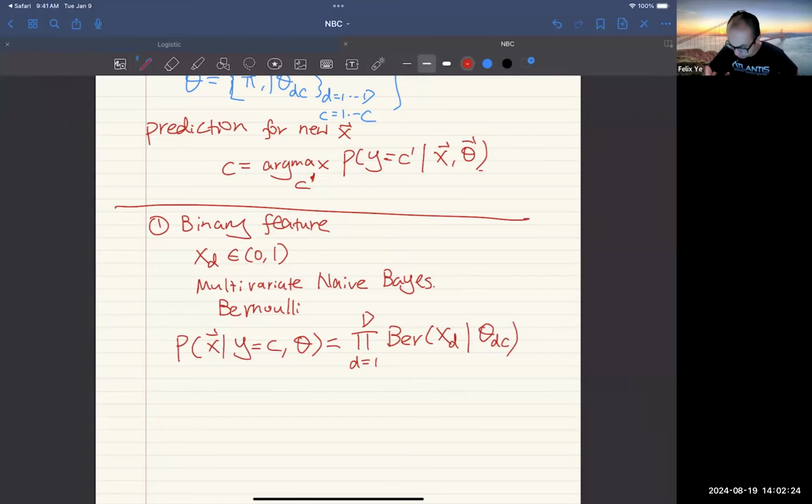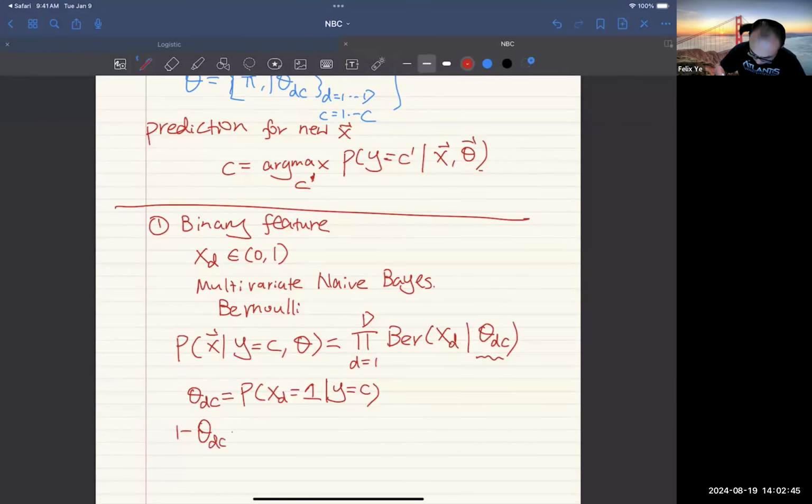And we can give a precise definition of theta dc. Theta dc is equal to the probability xd equal to 1, conditional on y equal to c. And 1 minus theta dc is the probability xd equal to 0, conditional on y equal to c.